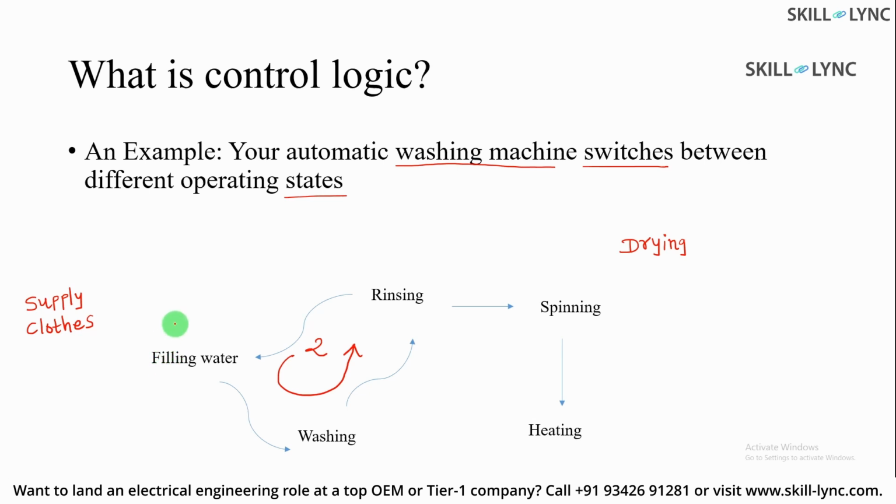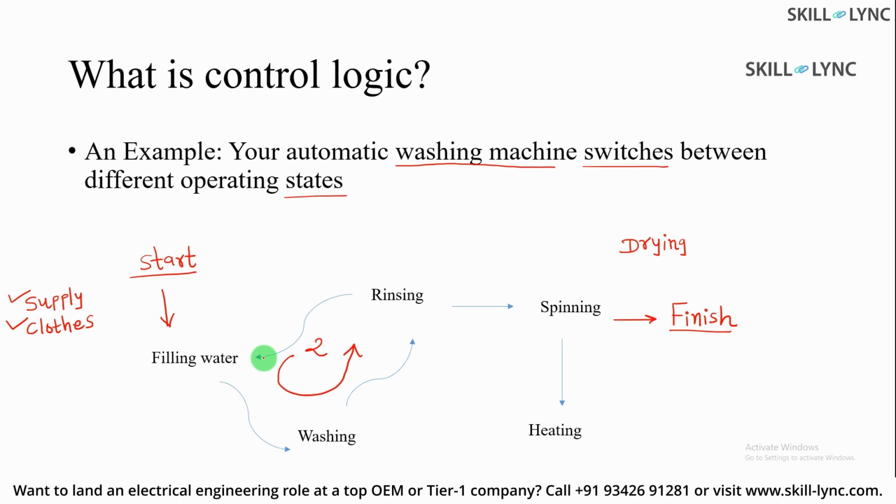At any point of time in your washing machine, once the supply is on and the clothes are added, until it finishes, let's say the last state is finish and the initial state is start. Before the start and after the finish, we are not going to discuss those situations. We assume that the start is done and the water is going to get filled.